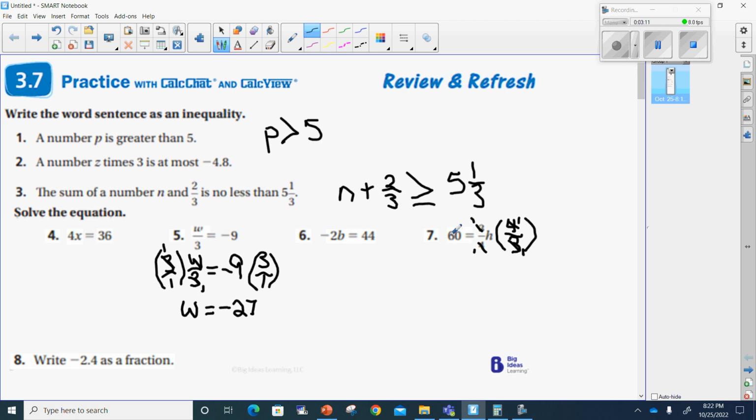But whatever I multiply to one side, I have to multiply to the other. H is going to come down here all by itself now. Now I have to take 60 and multiply it by 4 over 3. That is an ugly 4 over 3, so I'm going to rewrite it just so I don't confuse anybody.